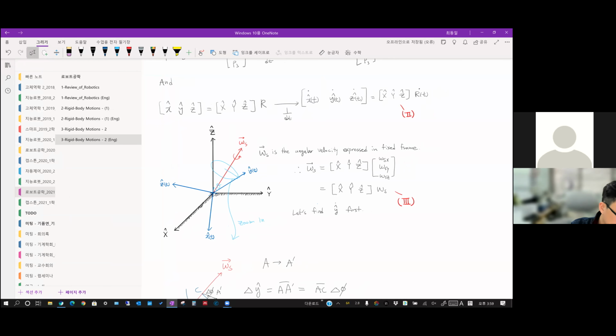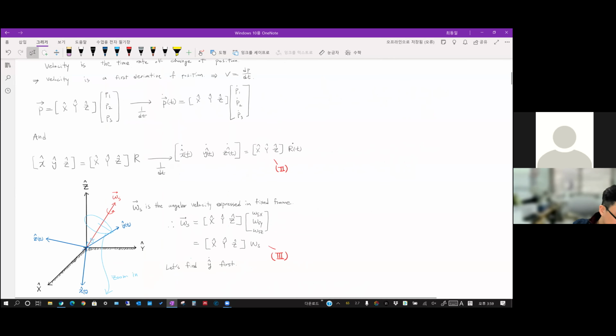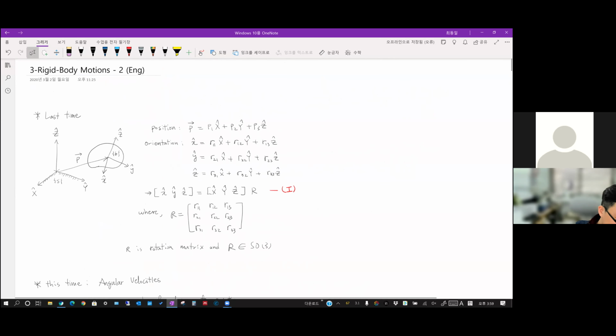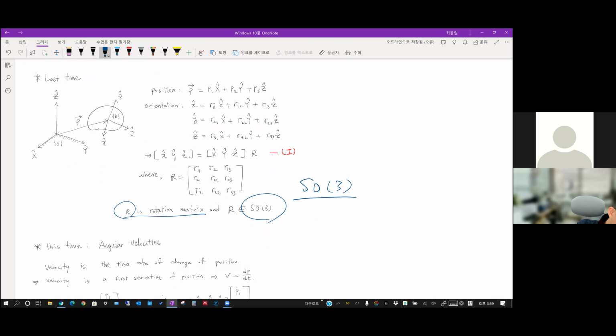Okay. Until now we studied the rotation matrix, especially the concept of SO3. So the key point is that R is a rotation matrix and R is SO3.